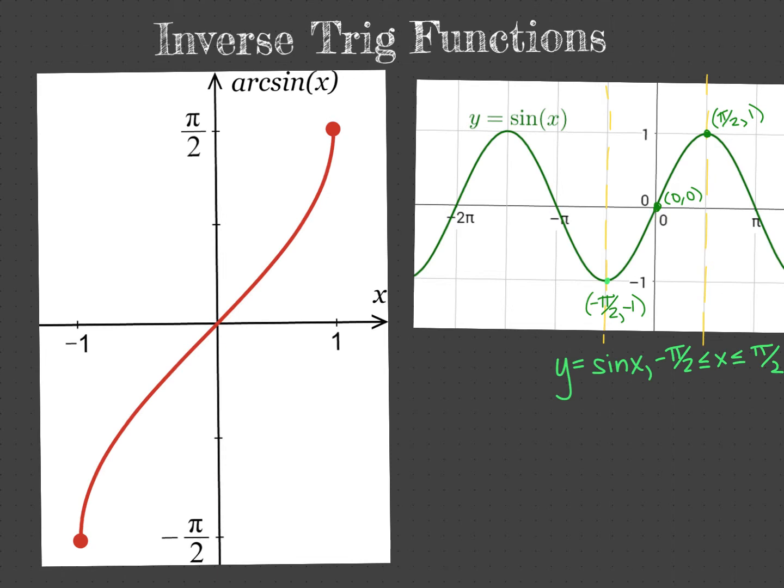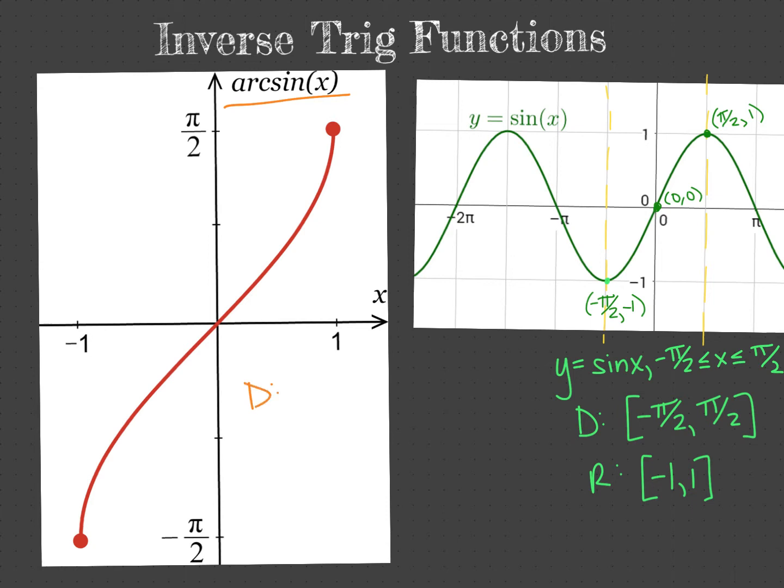For our original sine curve on this restricted domain between negative pi over 2 and pi over 2, the domain was, of course, negative pi over 2 to pi over 2. And the range, our output, our y values, span from negative 1 to 1. Then on our inverse sine, or arcsine, our domain and range should in fact be swapped, and they are.